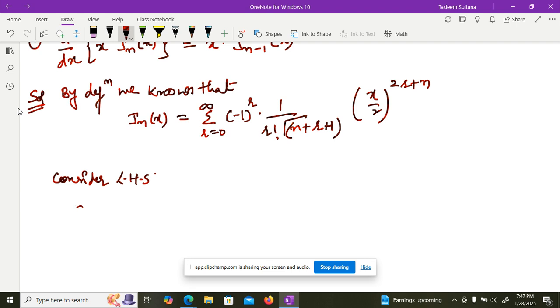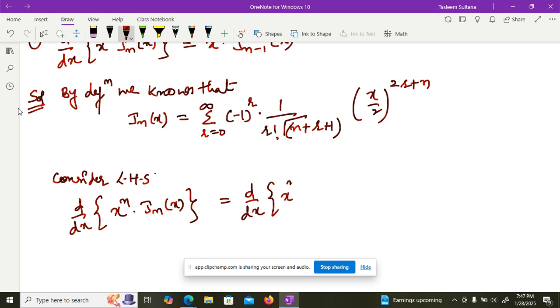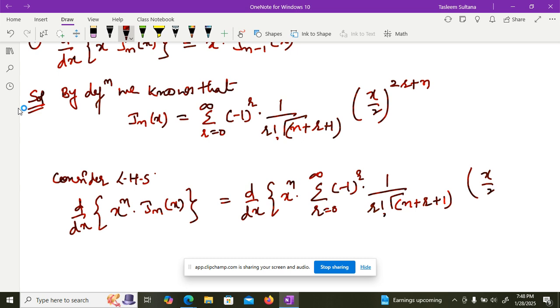Consider the LHS, d by dx of x to the power of n into Jn of x. For this Jn of x, we will use the definition. That equals d by dx of x to the power of n into summation r equals 0 to infinity, minus 1 to the power of r into 1 divided by r factorial gamma of n plus r plus 1 into x by 2 to the power of 2r plus n.